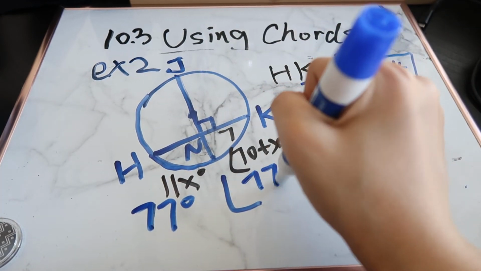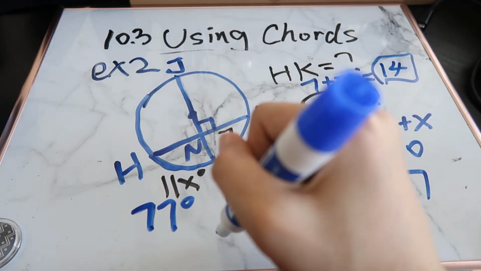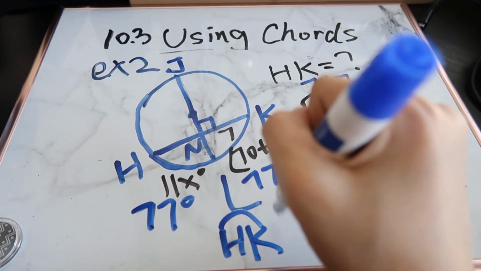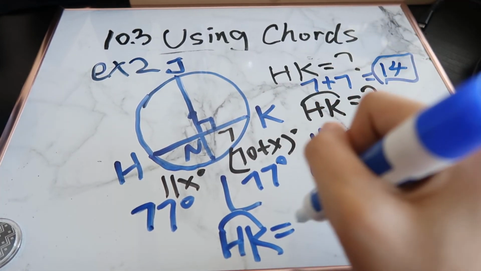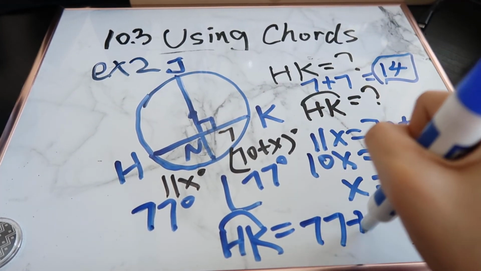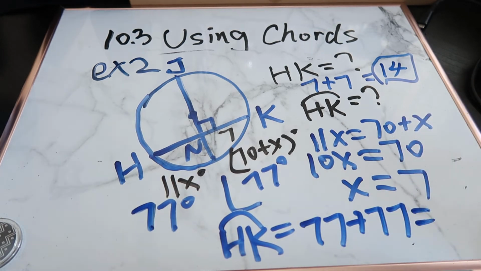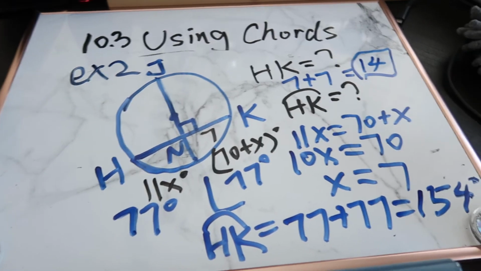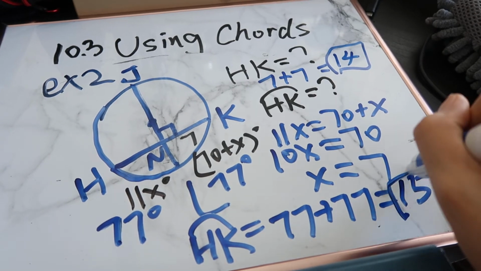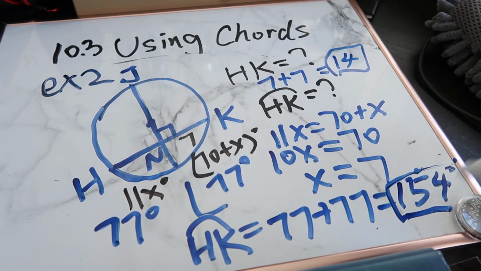The other side is also 77 degrees. So arc HK would be 77 plus 77, which will be 154 degrees. And that's the answer.